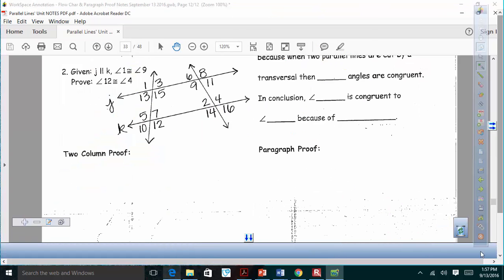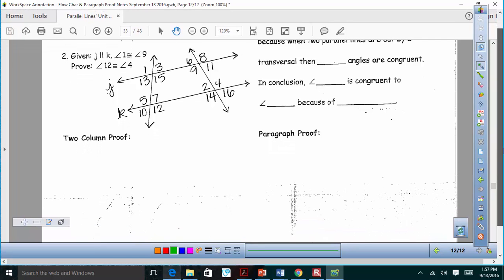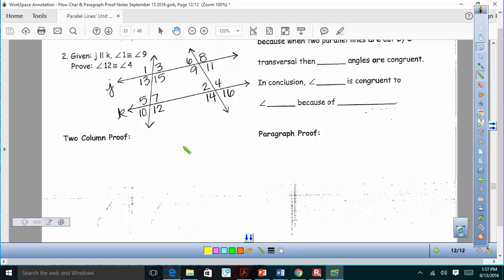So let's look at number 2. The first thing that I want to do is go ahead and prove it in the picture, and then we can move on to the paragraph. So I'm looking, and it tells me that J is parallel to K. So I only have one set of parallel lines, which means I need to circle my transversals. So my transversal is not J or K, so it would have to be this line and this line.